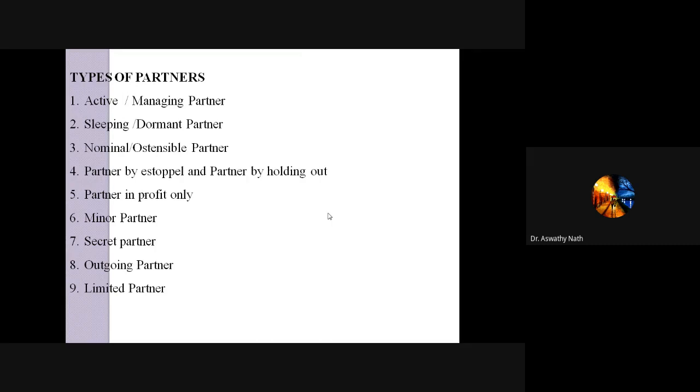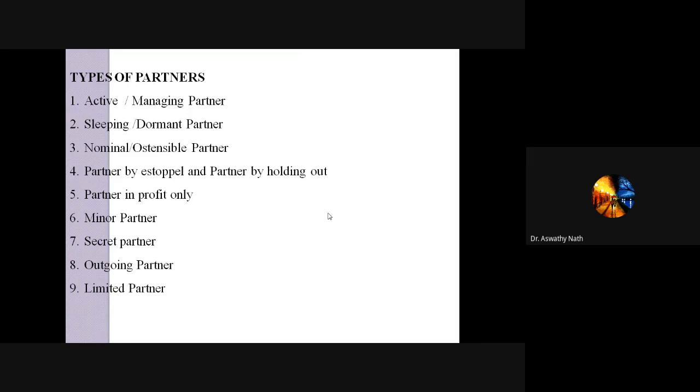And other things regarding the minor partner: they can share profit, and also the liability of the minor partner extends only to the capital he contributed, and others cannot file a suit against the minor. The property of the minor cannot be attached by the creditor. So these are the cases of a minor partner.